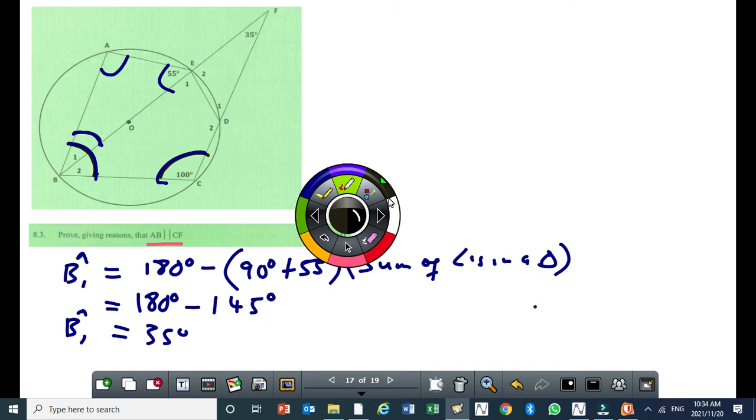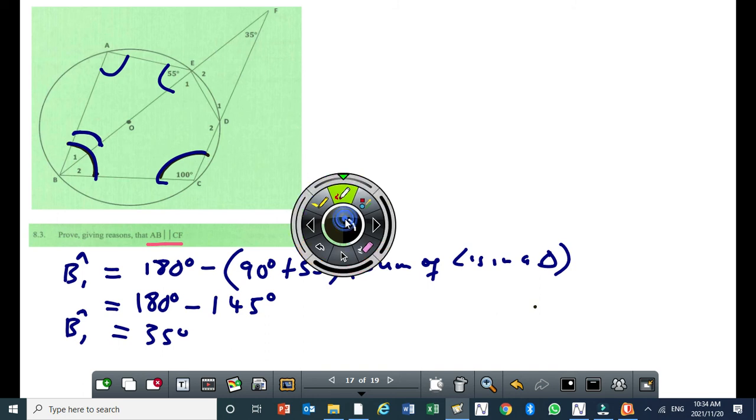Okay, be very careful there. There are many angles around point E. So you need to be very specific which angle. Okay? So if you add B1 plus B2 plus C2, so that will be angle C, right?